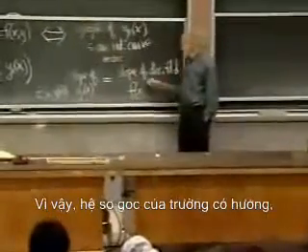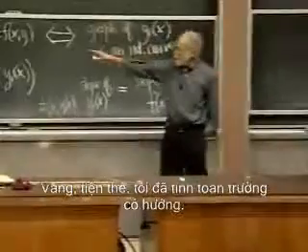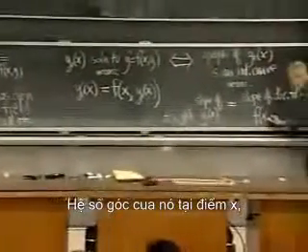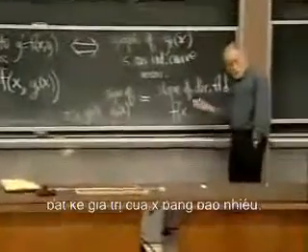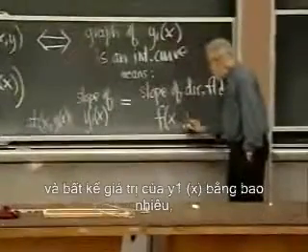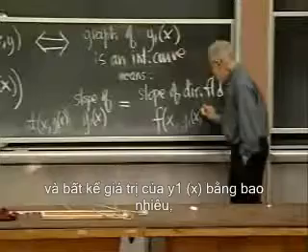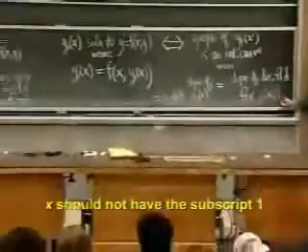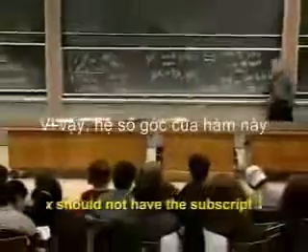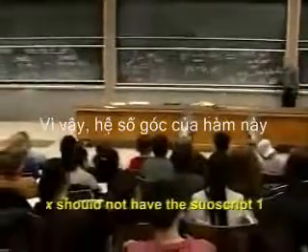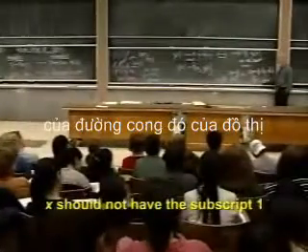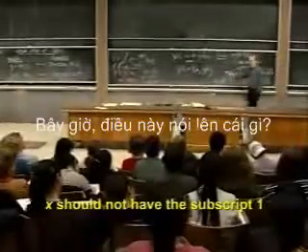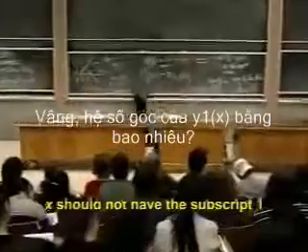So the slope of the direction field, what is that slope? Well, by the way I calculated the direction field, its slope at the point was to be x, whatever the value of x was, and whatever the value of y1 of x was, substituted into the right-hand side of the equation. So the slope of that curve, of the graph, should be equal to the slope of the direction field. Now, what does this say? Well, what's the slope of y1 of x?